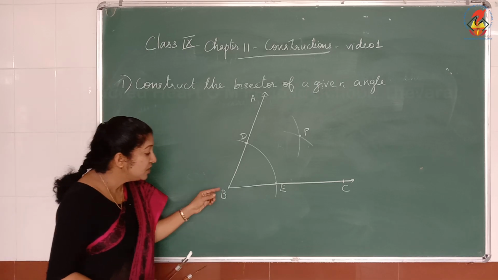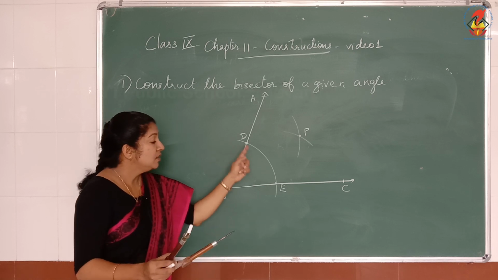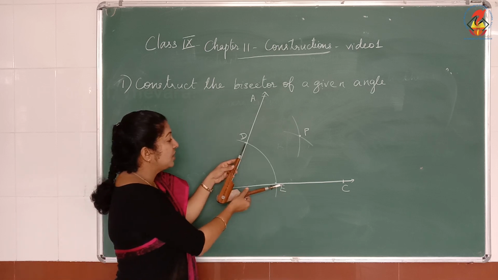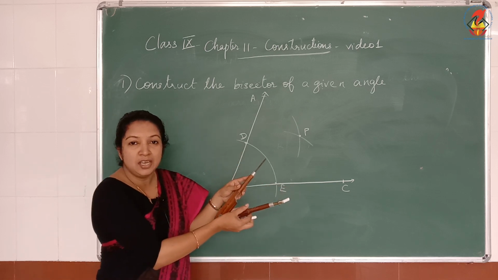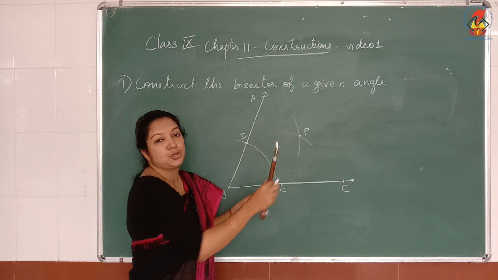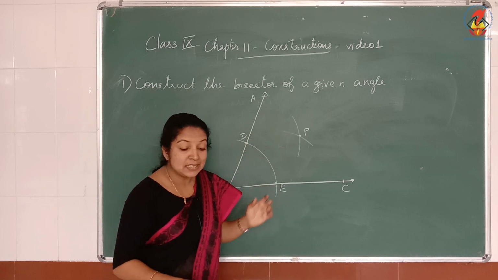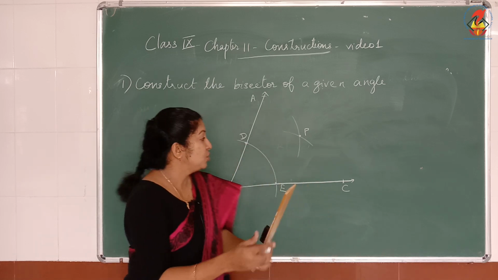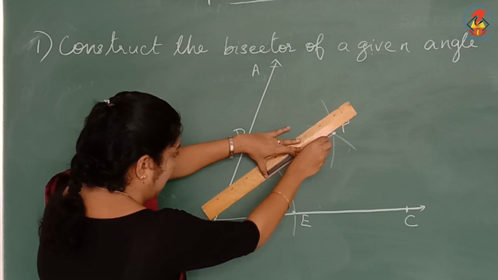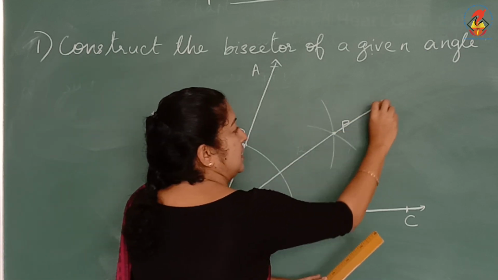So what we have done first, we have taken B as a center and any radius, and drawn an arc DE. After this, we take more than half of DE and draw an arc from D and from E also. Take the point of intersection of these two arcs as P. Then join B and P. Extend this.